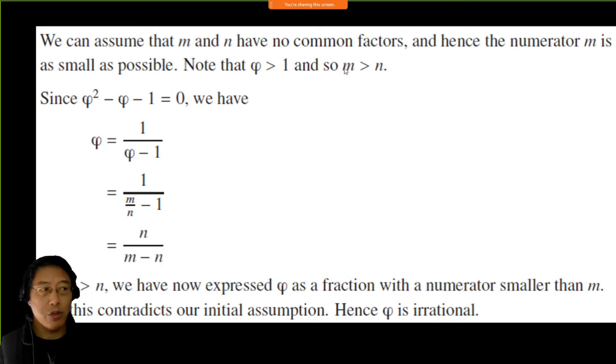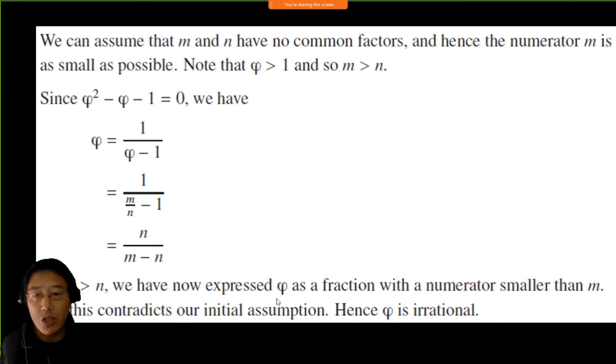Now remember, we assume that m is greater than n. So with that denominator, we have now expressed phi as a fraction with the numerator smaller than m, because that's n. And now you're contradicting the initial assumption about phi.